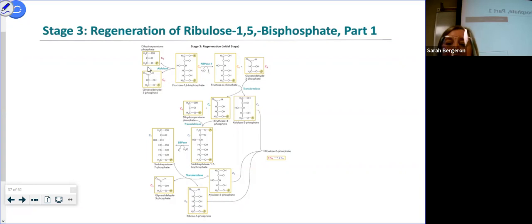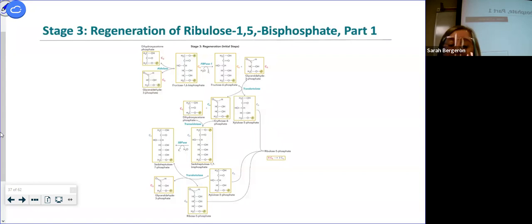I know. You do not need to know all the steps. All I really want you to know is that you're starting over here with dihydroxyacetone phosphate, glyceraldehyde 3-phosphate. And what are you going to end with? Ribulose 5-phosphate. Now, is this the exact substrate? No, I need to get to ribulose 1,5-bisphosphate. So what am I going to have to do to get a bisphosphate?